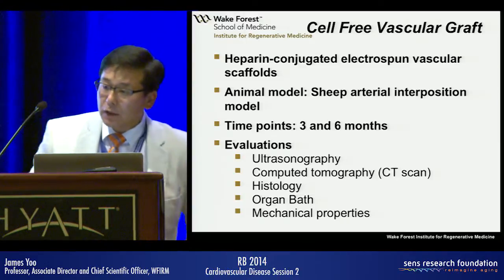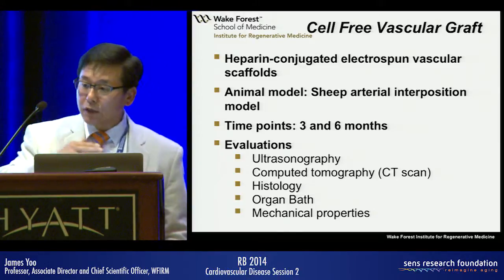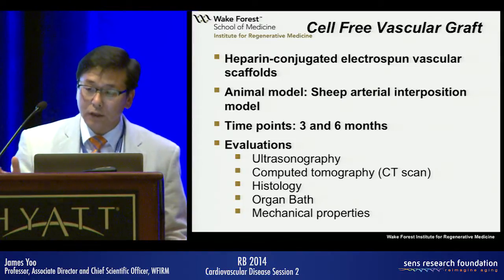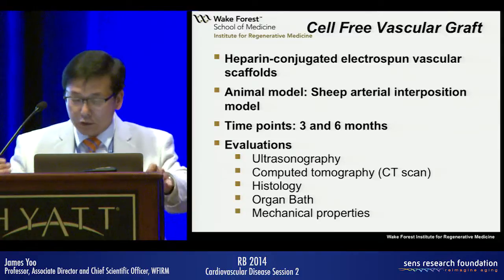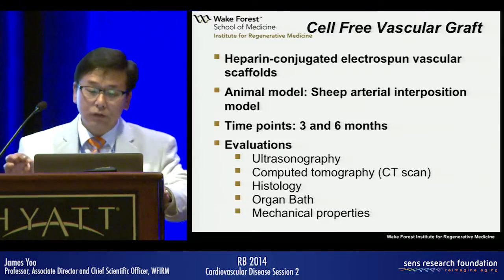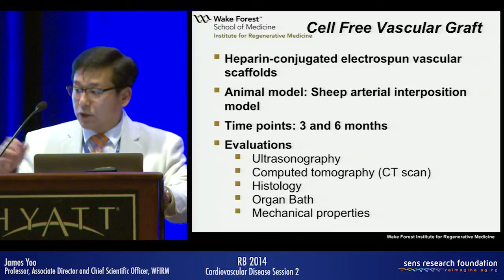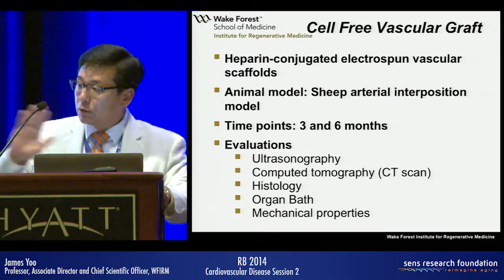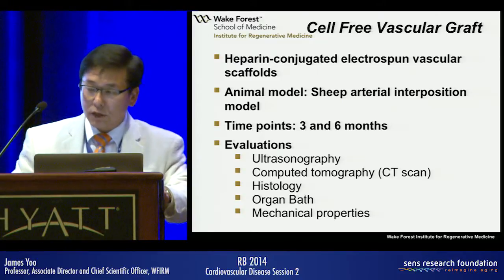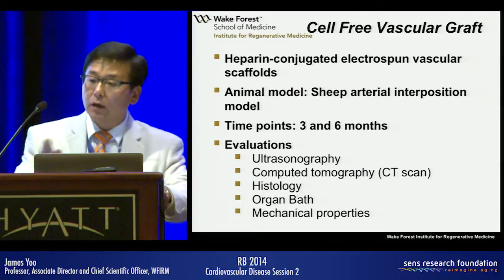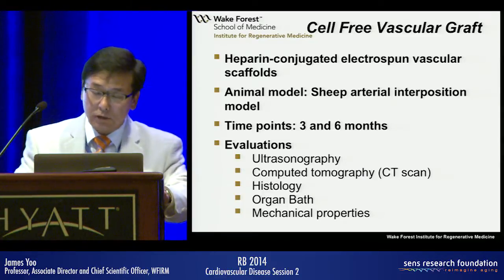If blood runs onto any surface other than endothelial cells, it tends to clot. So if we can prevent that by conjugating heparin, which is an antithrombogenic agent, onto the luminal surface of the vascular scaffold, then we can prevent the blood from clotting, but allow the blood to pass through.